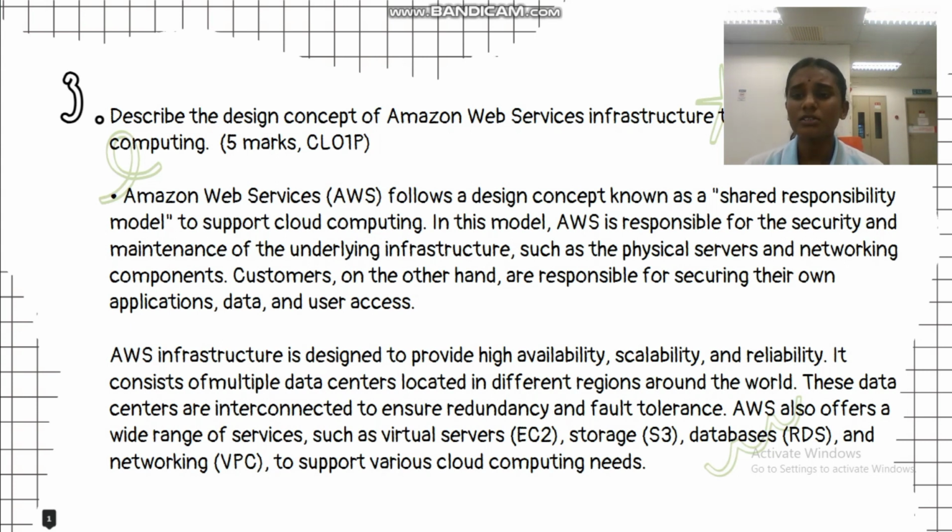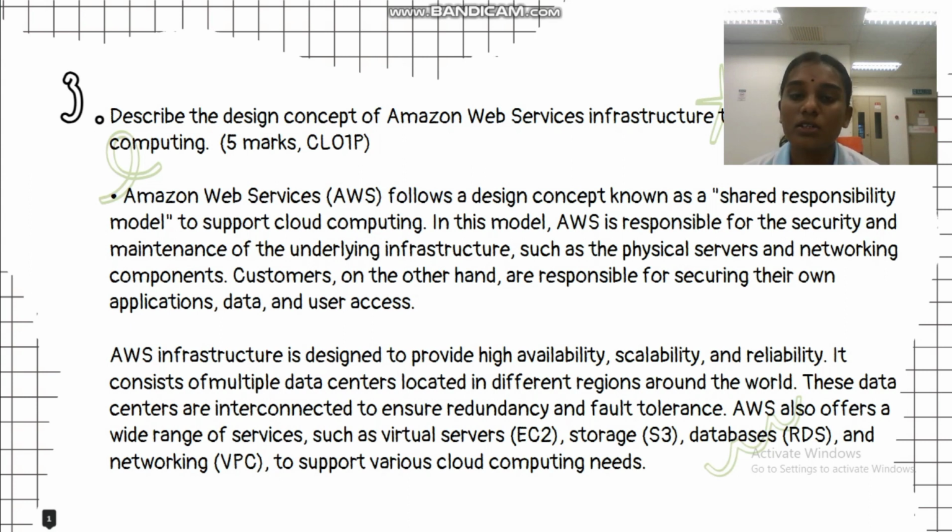AWS infrastructure is designed to provide high availability, scalability, and reliability. It consists of multiple data centers located in different regions around the world. These data centers are interconnected to ensure redundancy and fault tolerance.